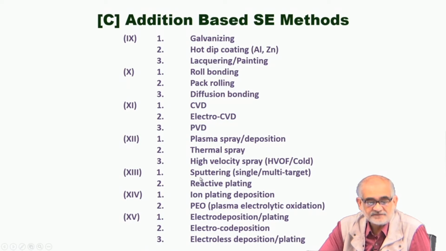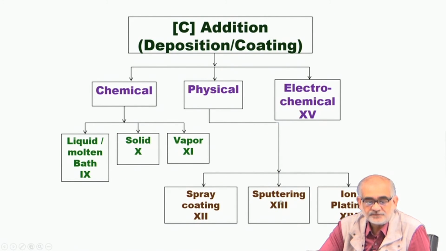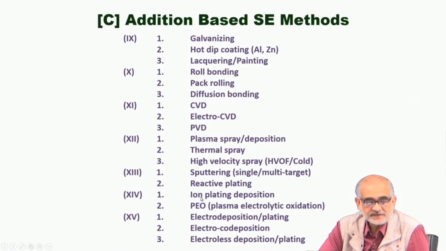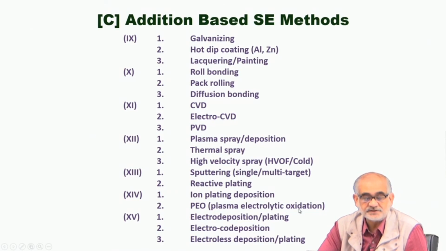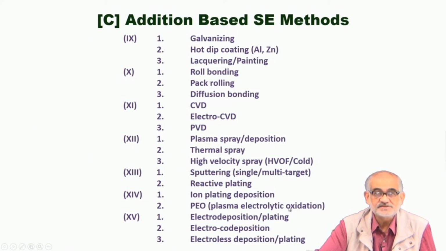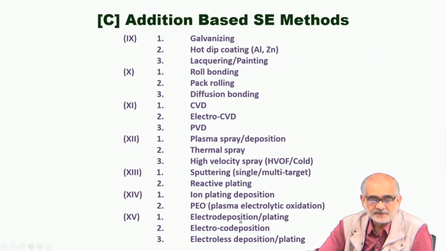We can also have sputtering, reactive plating, and ion plating. In sputtering and reactive plating, we are talking about change which is only physical in nature. Similarly, we can have these ion plating deposition processes or plasma electrolytic oxidation processes. So we are changing the composition here, through a certain chemical reaction which converts certain species on the surface into an oxide layer.